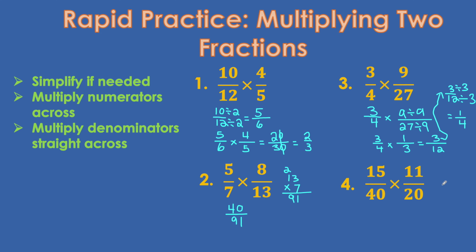Looking at the very last problem, we have 15/40 times 11/20. Check to see if either of these fractions can be simplified. The first one can. Let's rewrite it. Find the greatest common factor between 15 and 40, which would be 5.